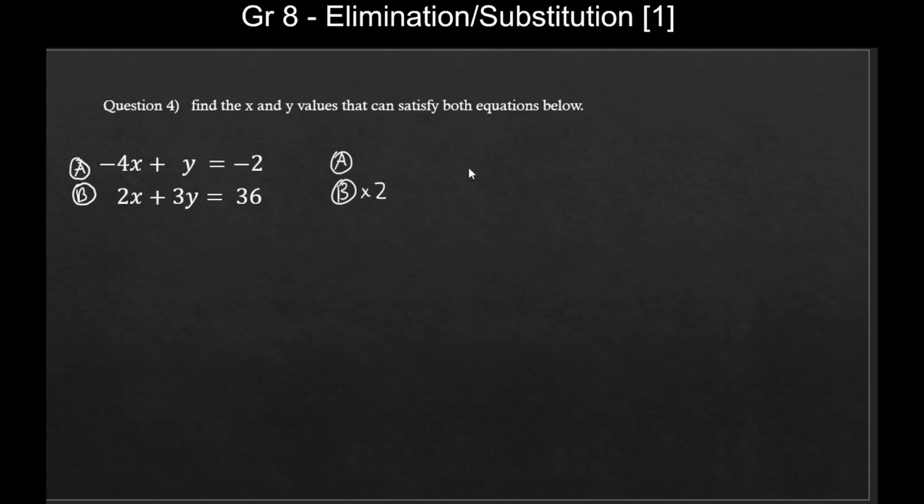So that is gonna be minus 4x, it's just the same equation, is equal to minus 2. But then our second equation turns into 4x plus 6y is equal to 72. I multiplied the second equation by 2.